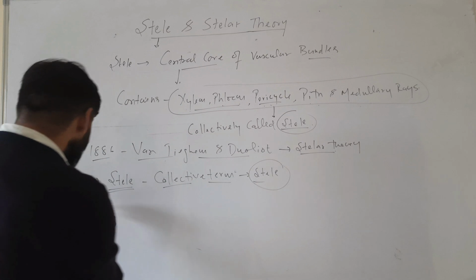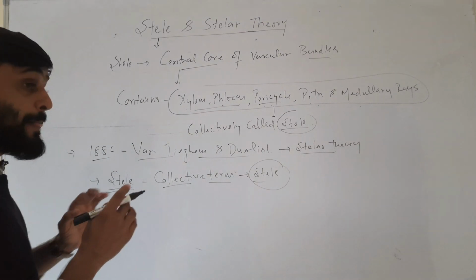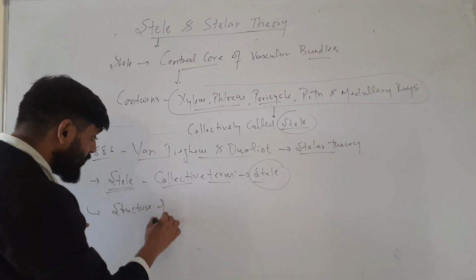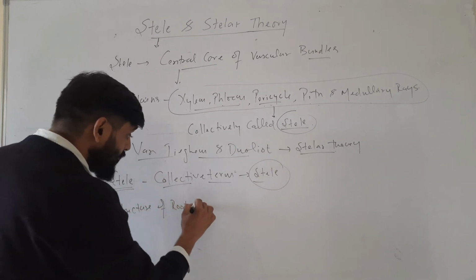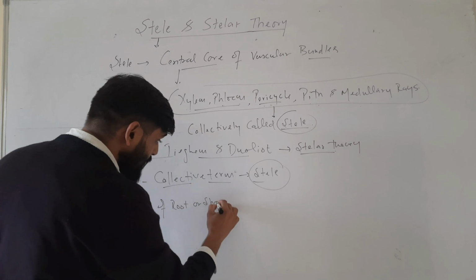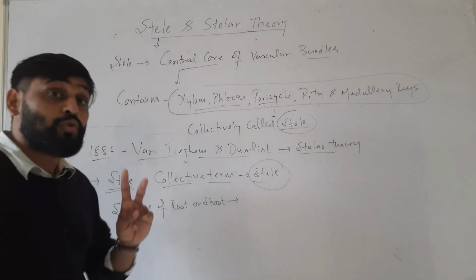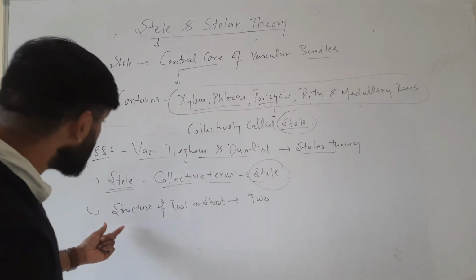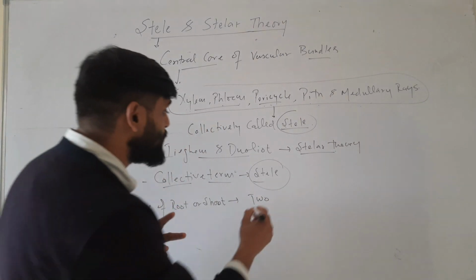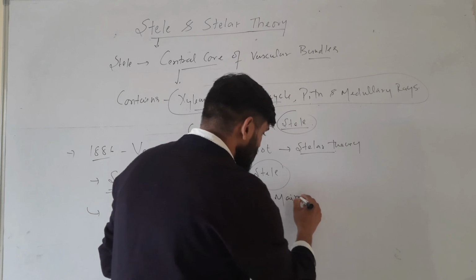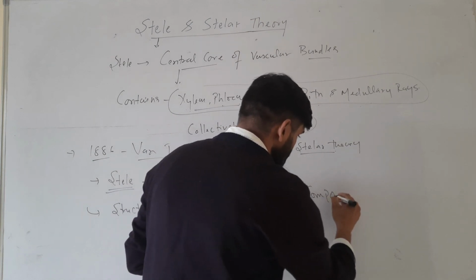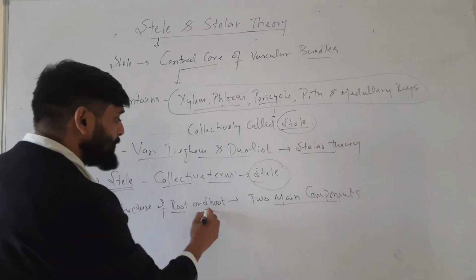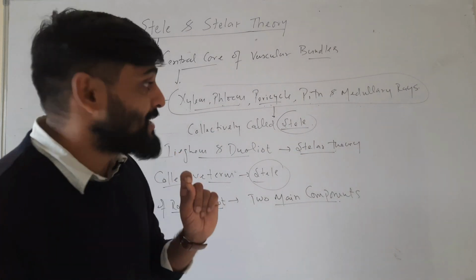In this theory, they stated that the structure of root or shoot consists of two main components. This structure, whether it is root or shoot, has two main components.